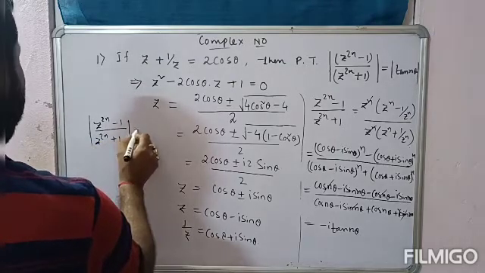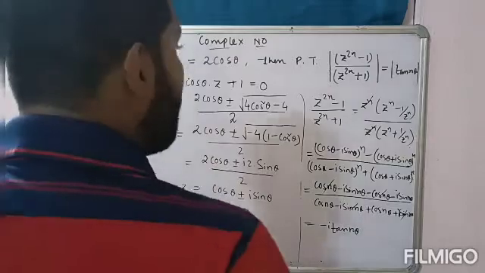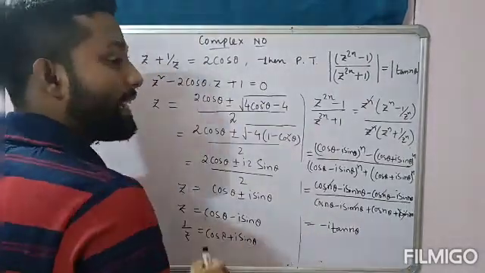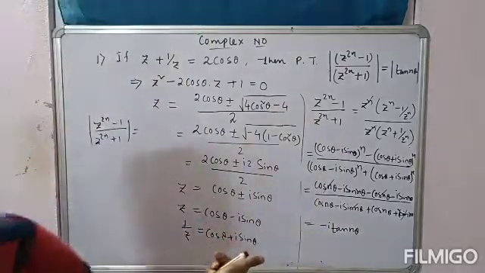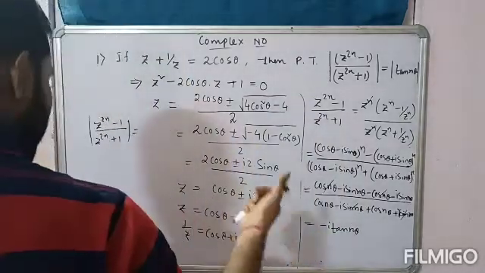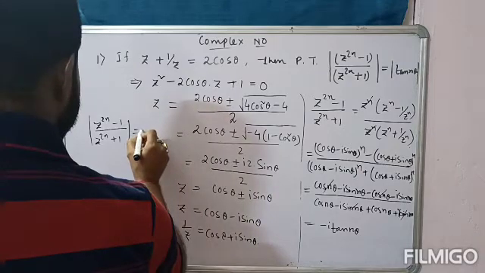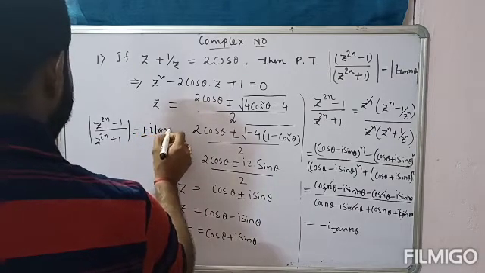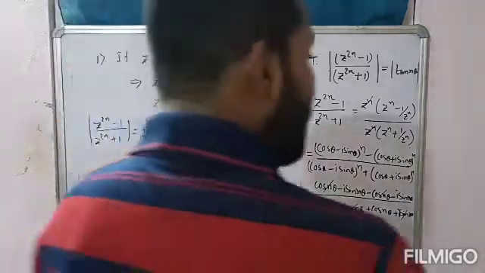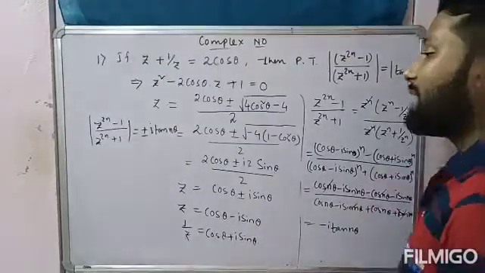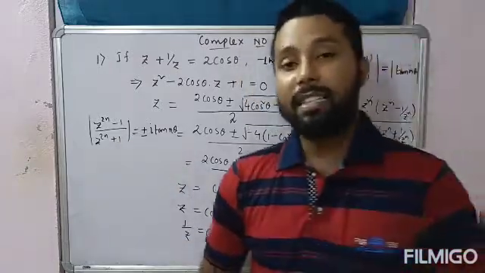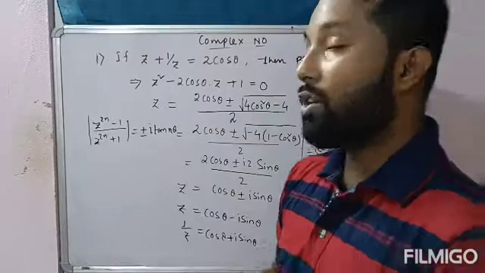When we took the positive sign, the value we got was i tan n theta. Now when we took the negative value, we got minus i tan n theta. So combinedly we can write it as plus minus of i tan n theta. Yes or no? Modulus of (z to the power 2n minus 1) by (z to the power 2n plus 1) is equal to plus minus of i tan n theta.